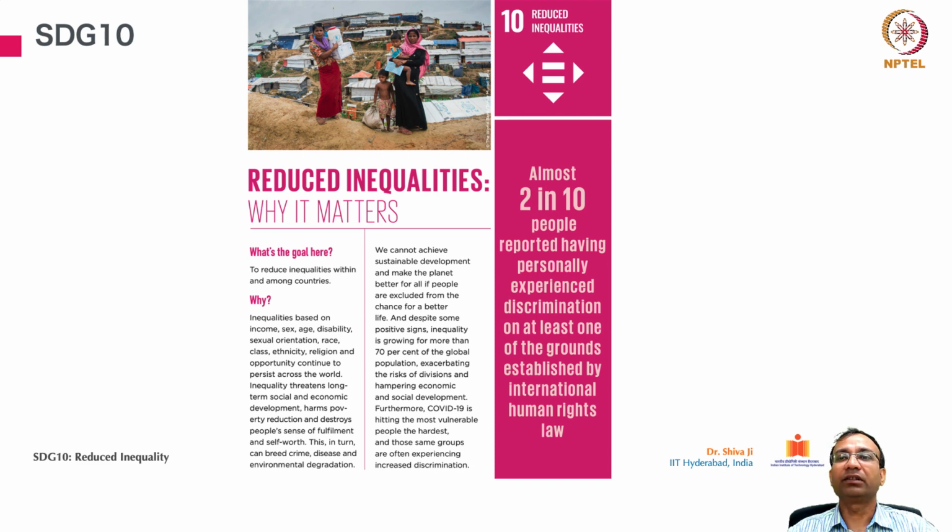We'll have a look at some facts and figures. Almost 2 in 10 people reported having personally experienced discrimination on at least one of the grounds established by the international human rights law. That's 20%, almost one-fifth of our society, at the world level.